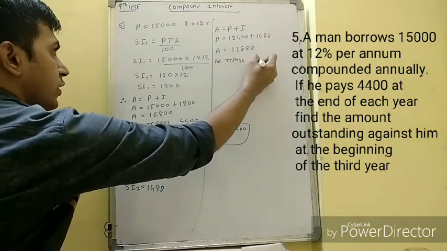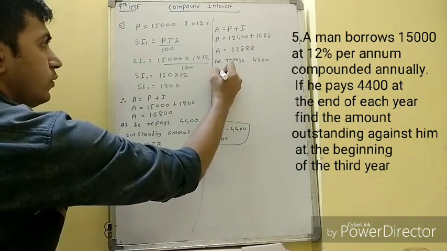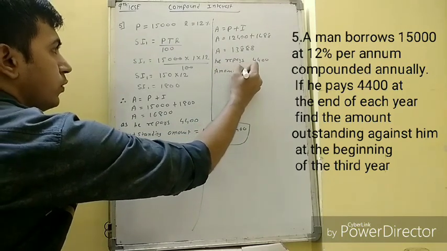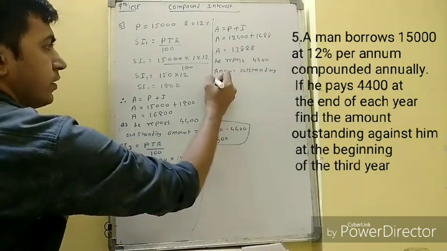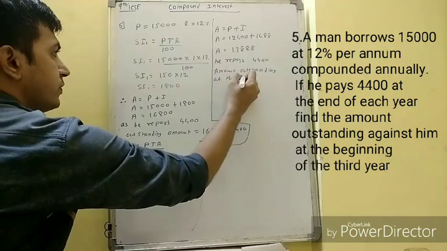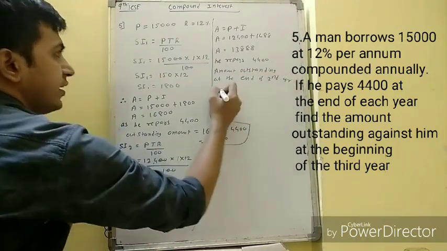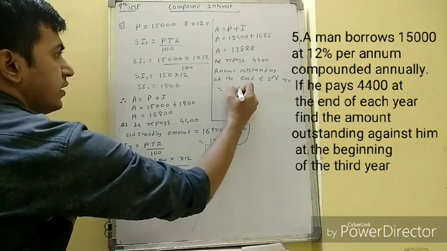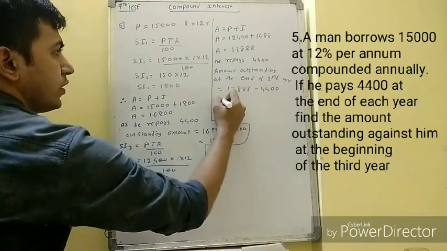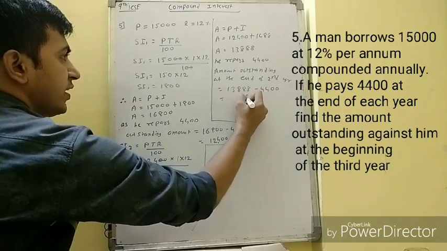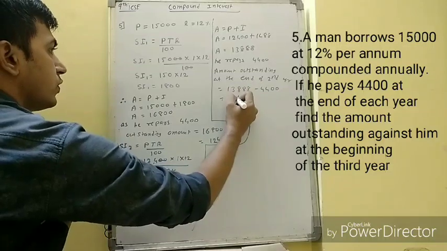He repays 4,400. Therefore amount outstanding at the end of second year will be 13,888 minus 4,400. 8 minus 4 is 4. 13 minus 4 is 9.